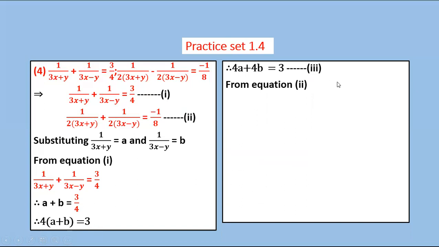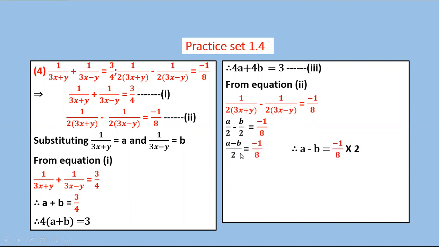From equation 2, 1 upon 2 in bracket 3x plus y minus 1 upon 2 in bracket 3x minus y is equal to minus 1 upon 8. Here 1 upon 3x plus y is equal to a, therefore a upon 2 minus b upon 2 is equal to minus 1 upon 8.